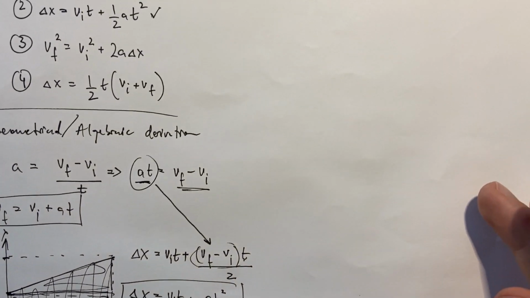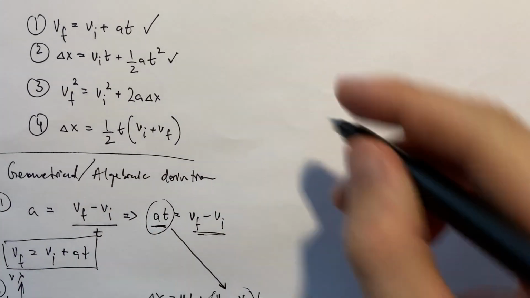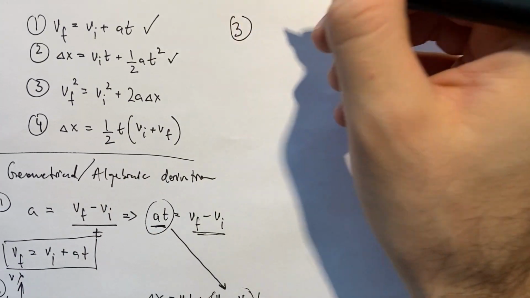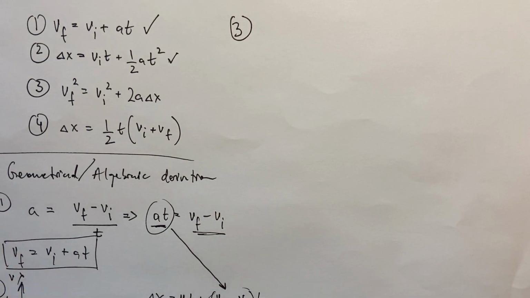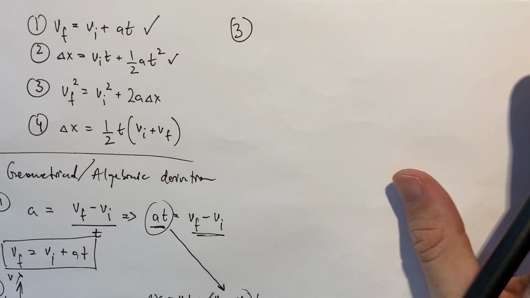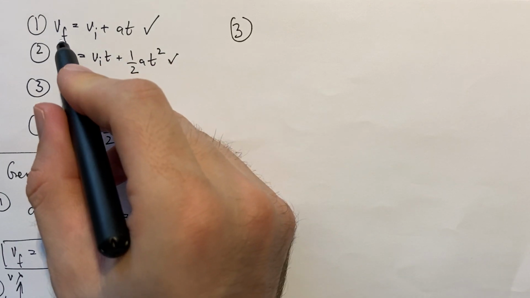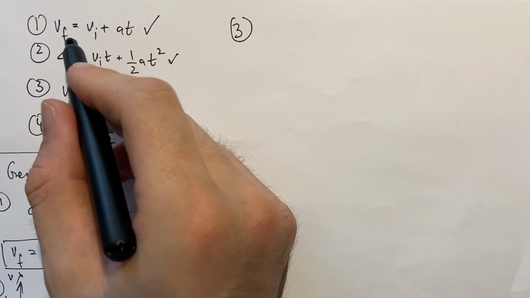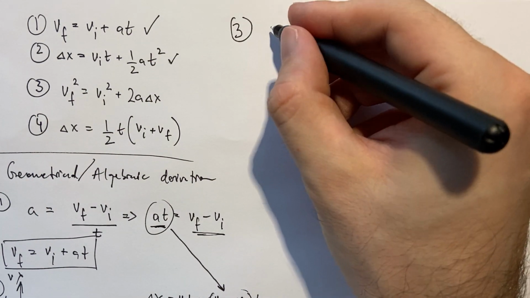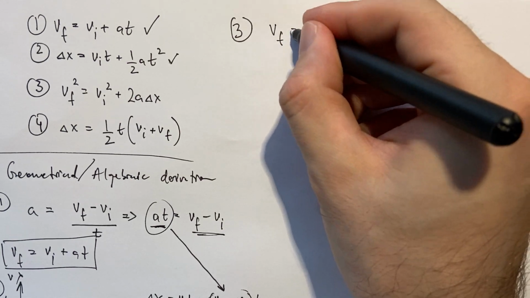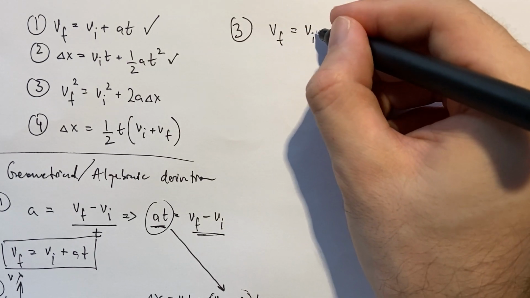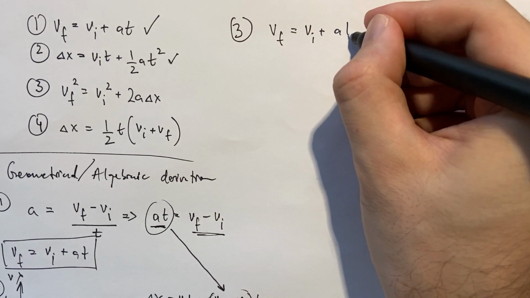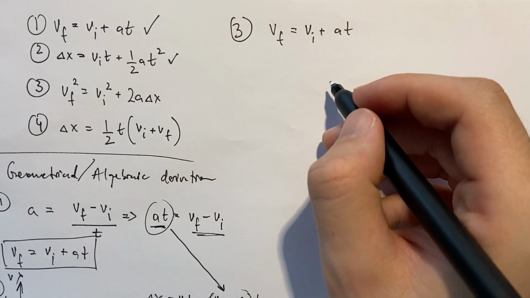Let's move on to the third equation of motion. For the third equation of motion, we will start off with the first equation of motion. Then we'll just go ahead and square it. So vf is vi plus at. Let's square both sides.